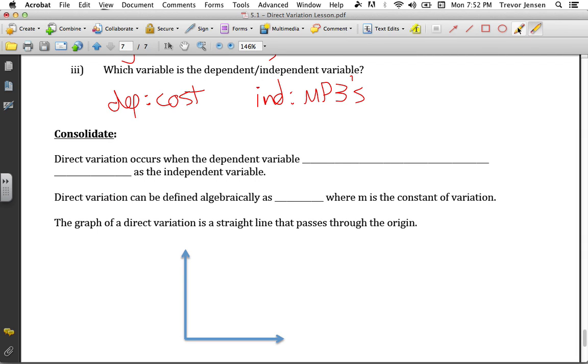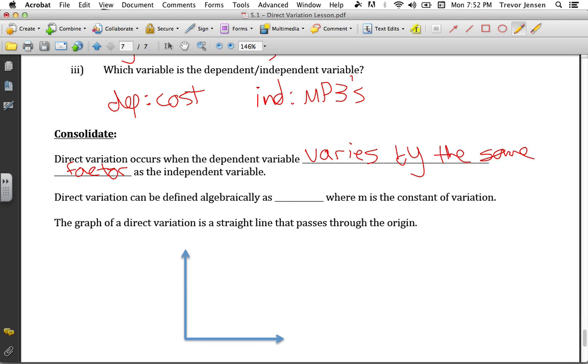Another way of saying that, the way this is laid out here, is that it varies by the same factor as the independent variable. I like to say it the other way though. They mean the same thing, but I like to say the dependent variable is a constant multiple of the independent variable, and that means that they vary by the same factor.